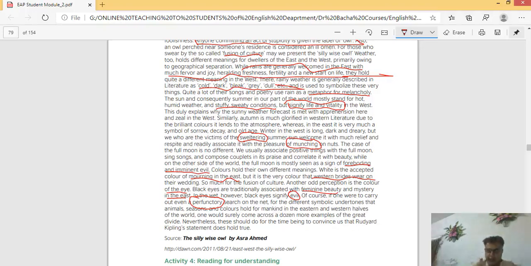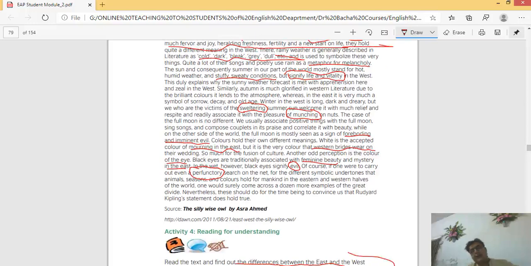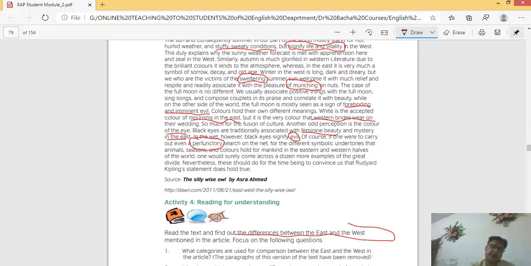So keeping this in view, Kipling was very much right in saying that east is east and west is west, and never the twain shall meet. Therefore in this paragraph the differences between east and west towards different things are mentioned.